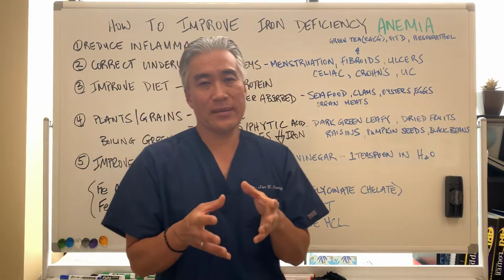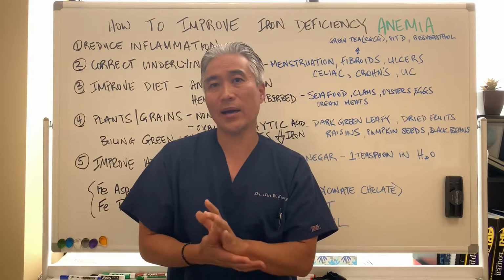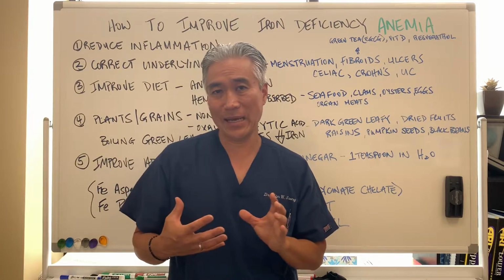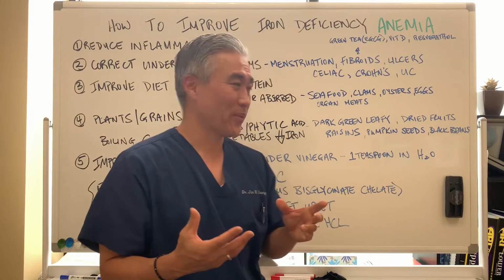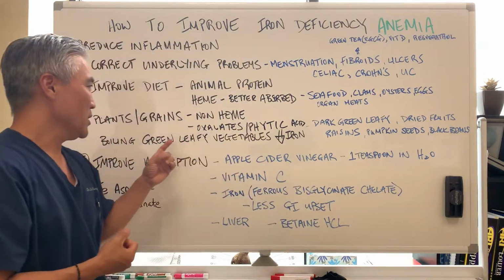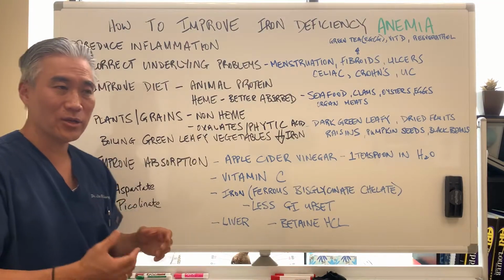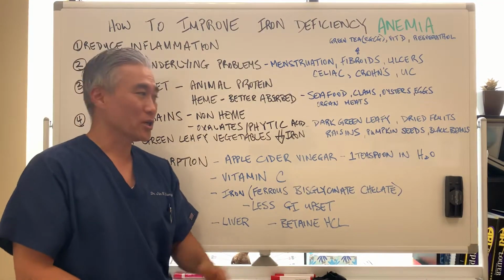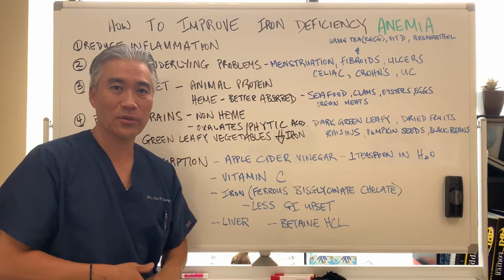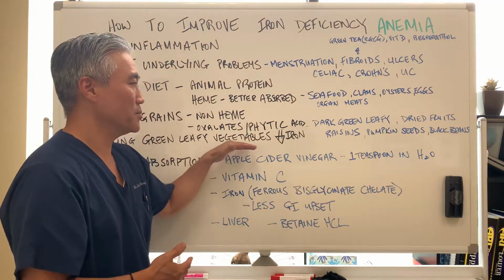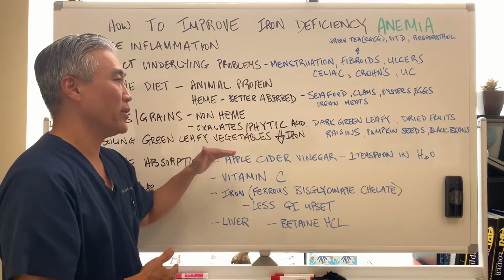Oxalates bind to the iron and it gets excreted out, so there are some issues with that. If you take green leafy vegetables, which are high in iron, and you boil them, you're going to reduce your iron levels. So the best thing to do is probably steam your veggies and not boil them.